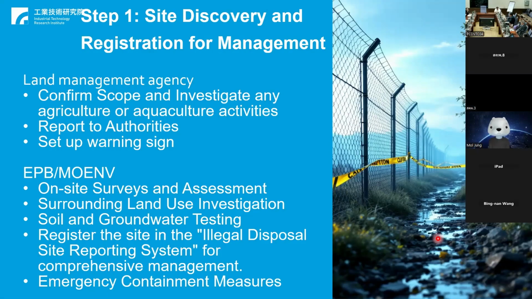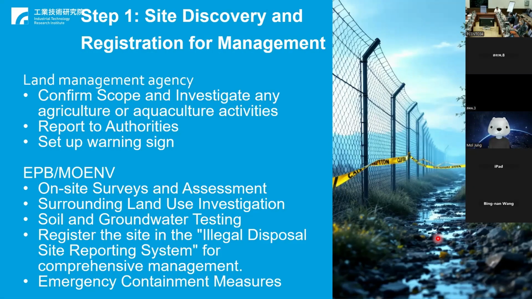We will install warning signs and fences for isolation, increase environmental patrols, and implement necessary barrier measures according to the waste type. If water is contaminated, the land management agency has to provide potable water to nearby residents.